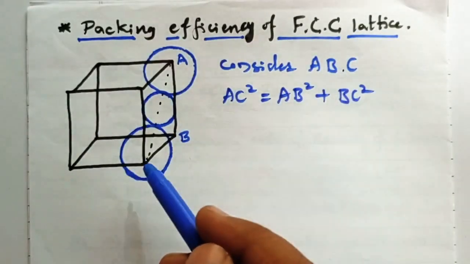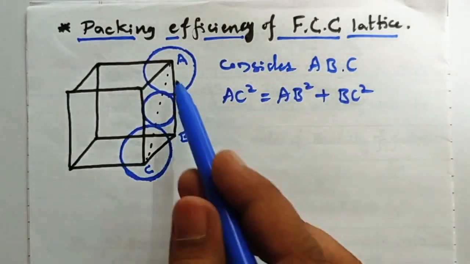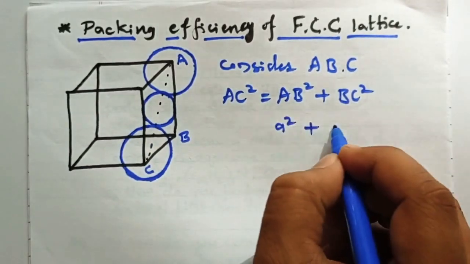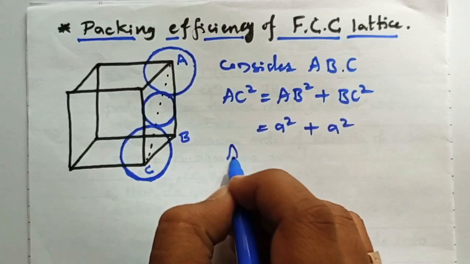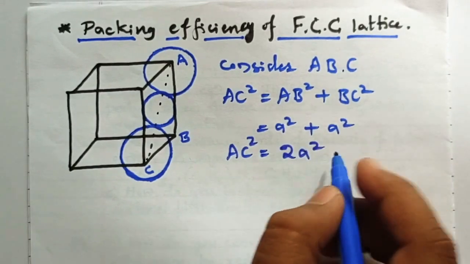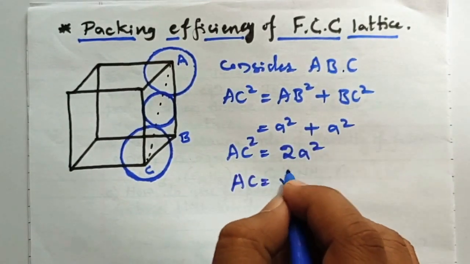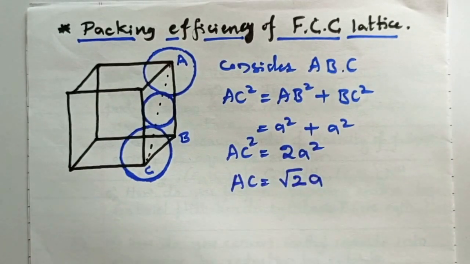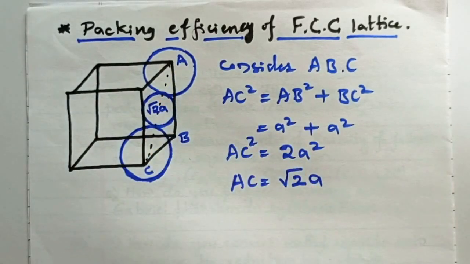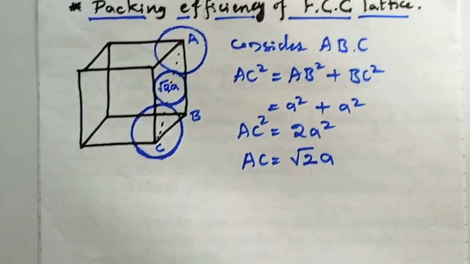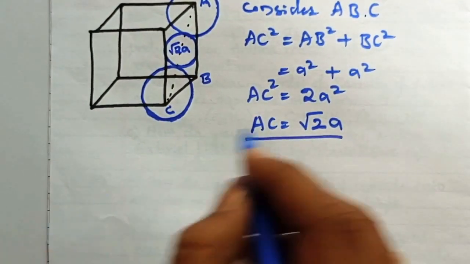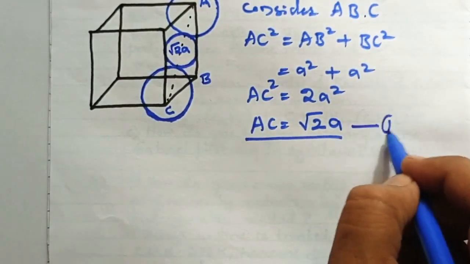AB and BC are both the same because it is a face-centered cubic lattice, all the edges are the same because it is cubic. So a square plus a square, AC square is equal to 2a square, and AC is equal to root 2 a. So this distance is root 2 a. AC is considered as the face diagonal, that is equation 1.